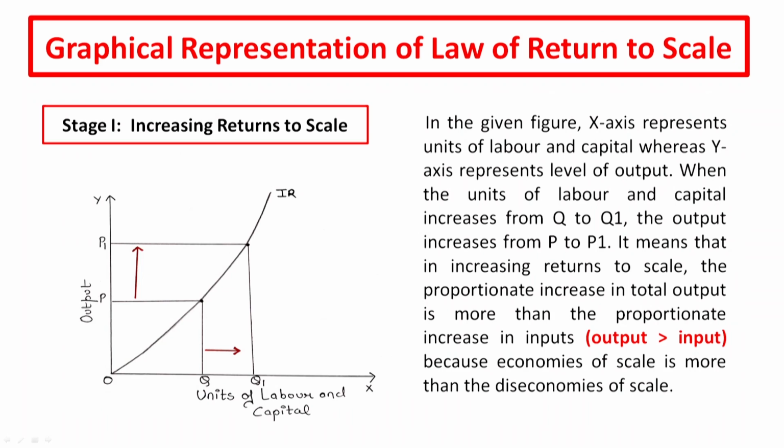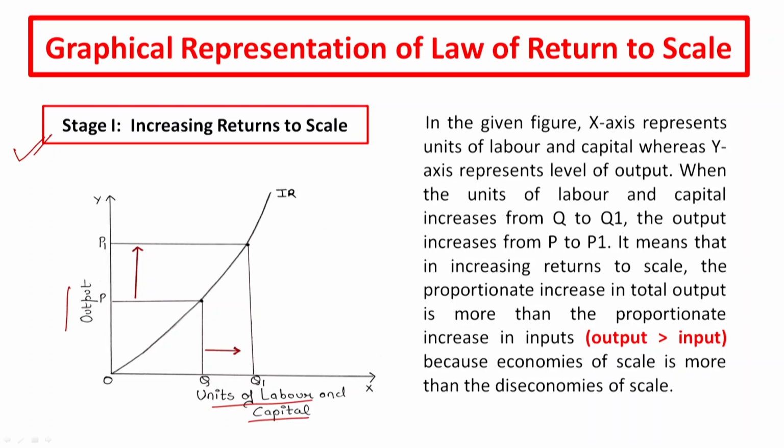Now, the graphical representation of the law of return to scale. The first is increasing return to scale. What I told you, increasing means your output is more, your input is less. As you can see, on the x axis it is units of labor and capital, on the y axis it is output.